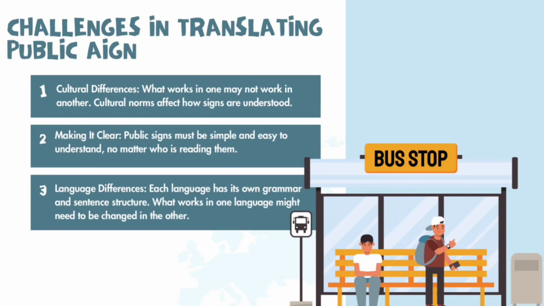Public signs must be simple and easy to understand, no matter who is reading them. And the third challenge is about language differences, of course. Each language has its own grammar and sentence structure. What works in one language might need to be changed in the other.